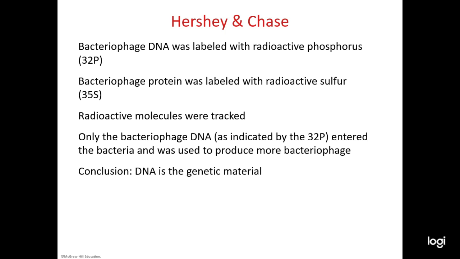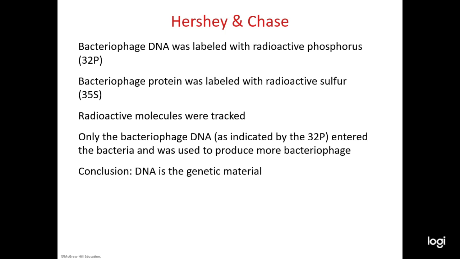So we're going to be later going over the structure of DNA again. I know we've been over it, but we're going to do it again. DNA contains phosphorus. Very important here, protein does not contain phosphorus, okay? Protein contains sulfur, but DNA does not contain sulfur, and that's what they were using. They were using this fundamental difference between these two types of molecules.